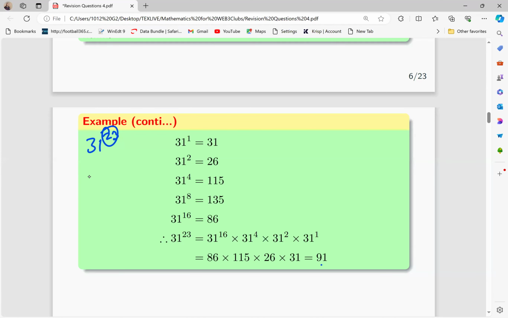Now, for us to arrive at that raised to 23, we do successive squaring. So we take that raised to 1, that will give us that 31. Is that okay? To get this next line, we square the line above.